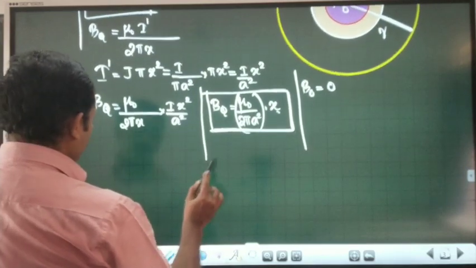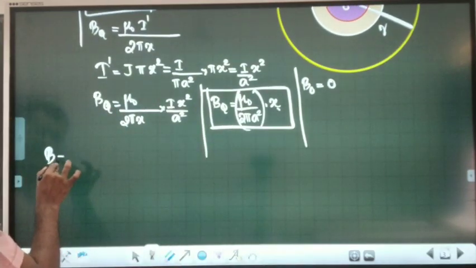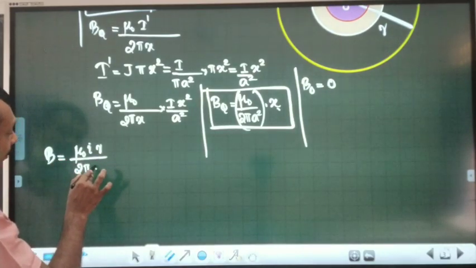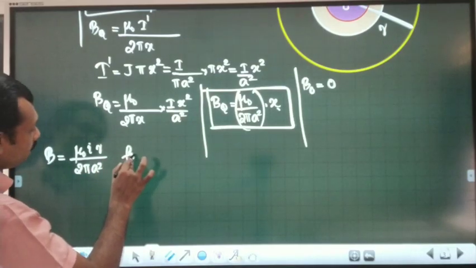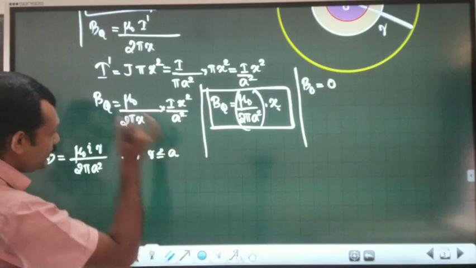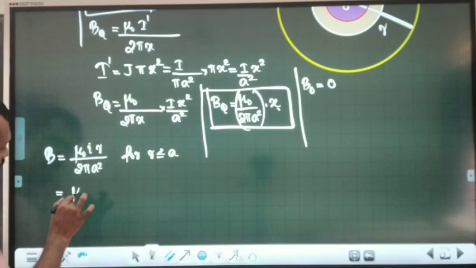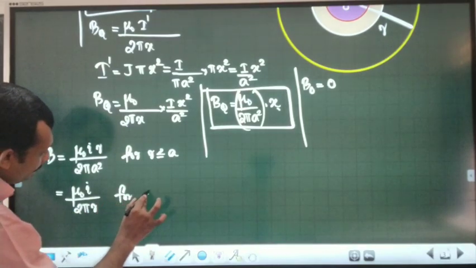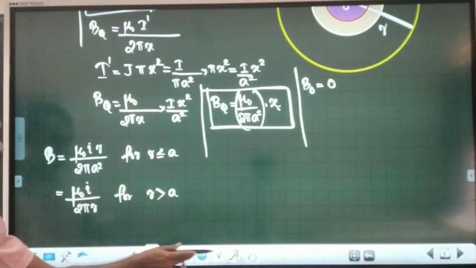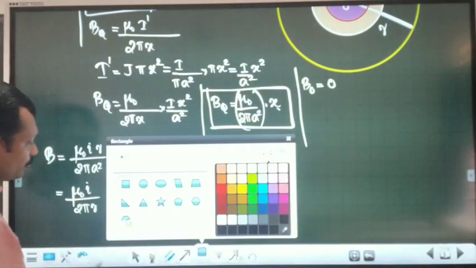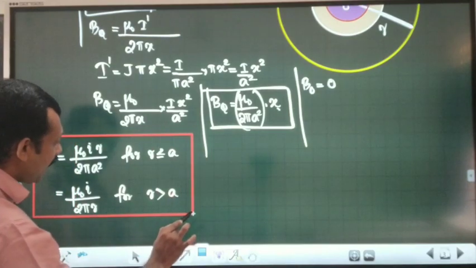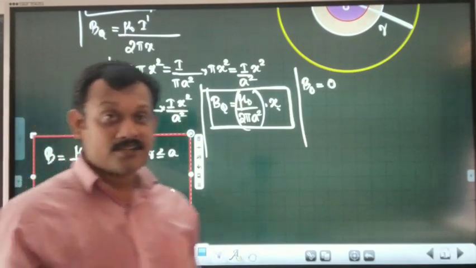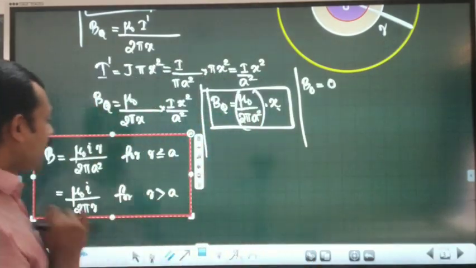So I can write the magnetic field B is equal to mu 0 I R divided by 2 pi A square for R less than or equal to A, and this is equal to mu 0 I divided by 2 pi R for R greater than A. This is the variation of magnetic field due to a thick conductor having uniform current density.